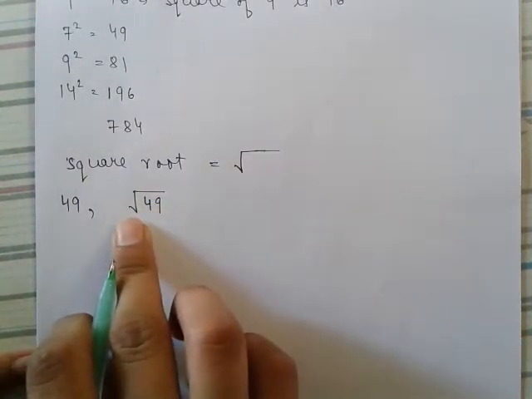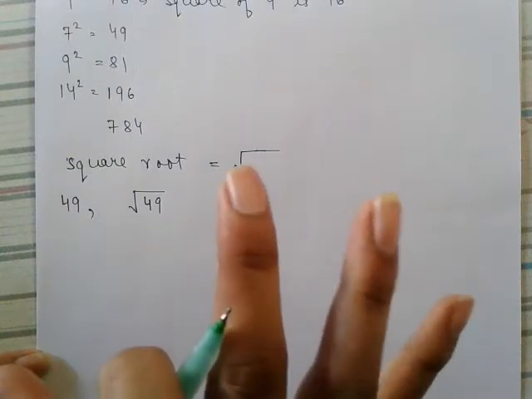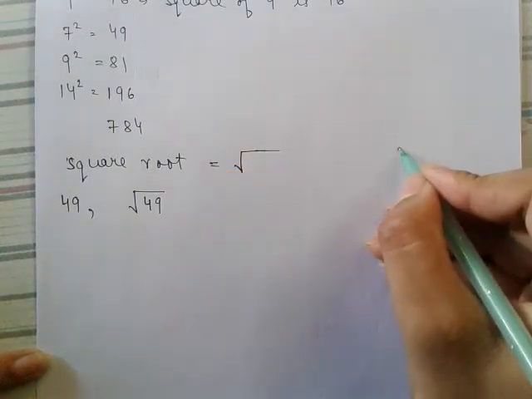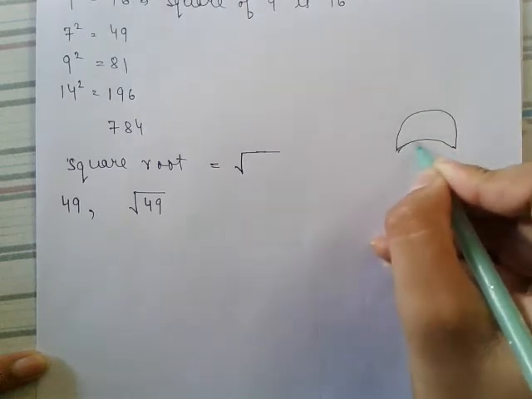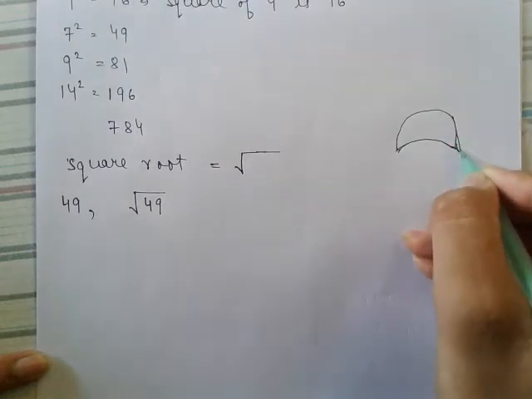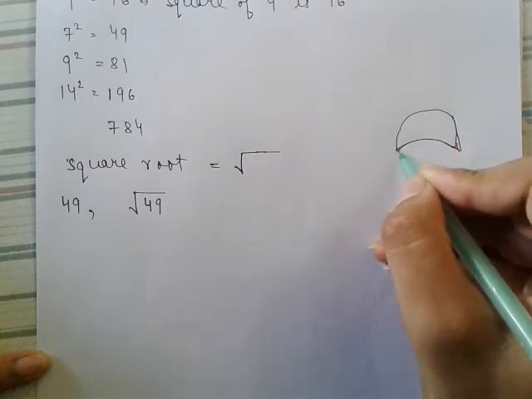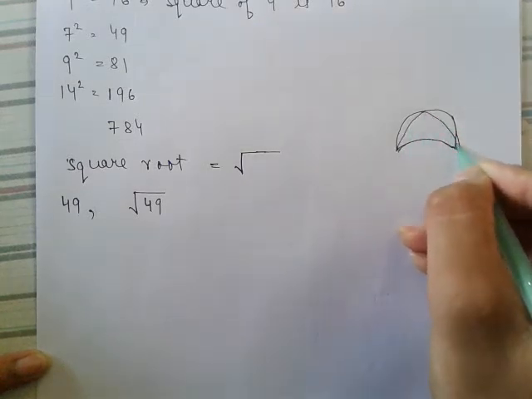This is similar to an umbrella, isn't it? This is an umbrella. This is not a very good umbrella, I'm not very good at drawing, I know you guys draw pretty well.